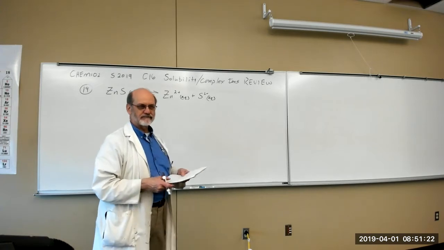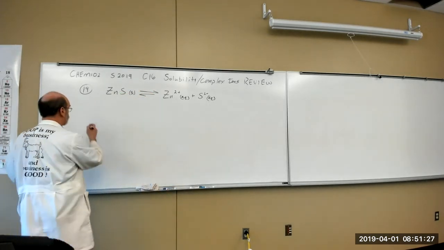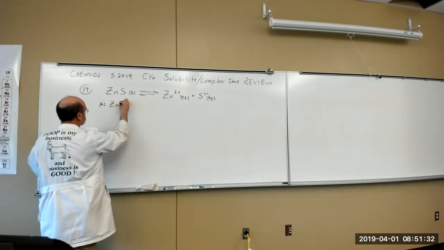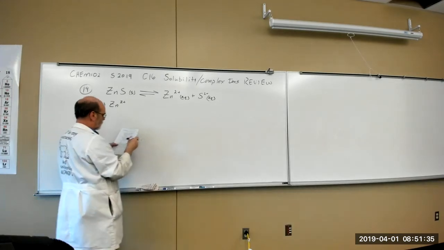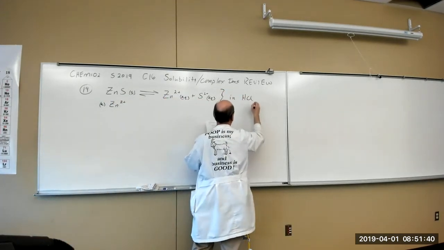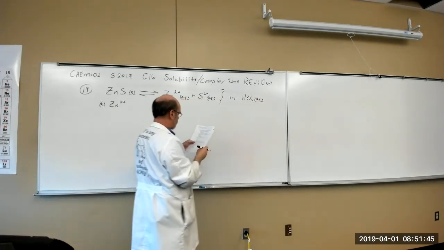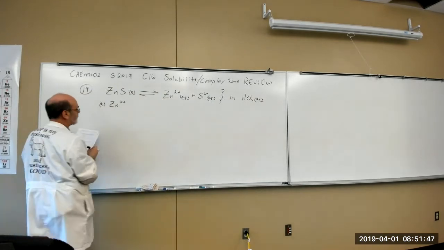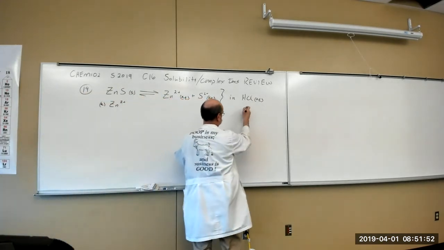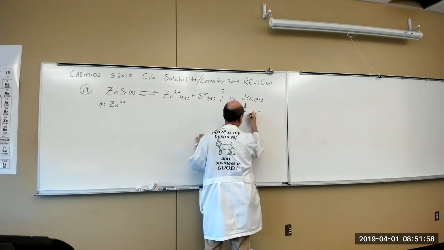But that doesn't explain it. So if zinc were going to act, let's just take them one at a time. If this ion were going to act as, well, and this in hydrochloric acid. So wait, before we do anything else, this breaks up into these ions, right?